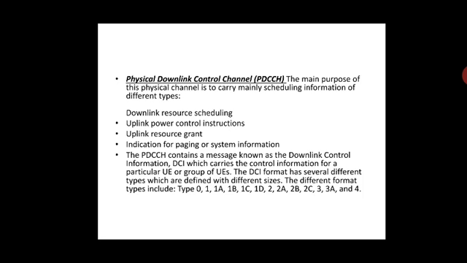That's why the DCI format has several different types which are defined with different sizes. The different format types include 0, 1, 1A, 1B, 1C, 1D, 2A, 2B, 2C, 3, 3A, and 4.